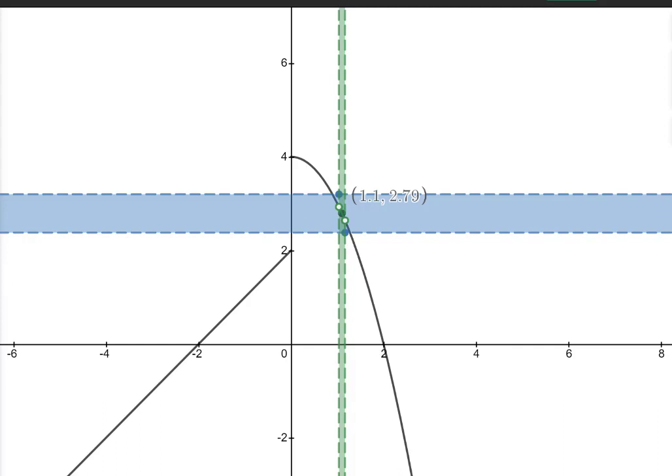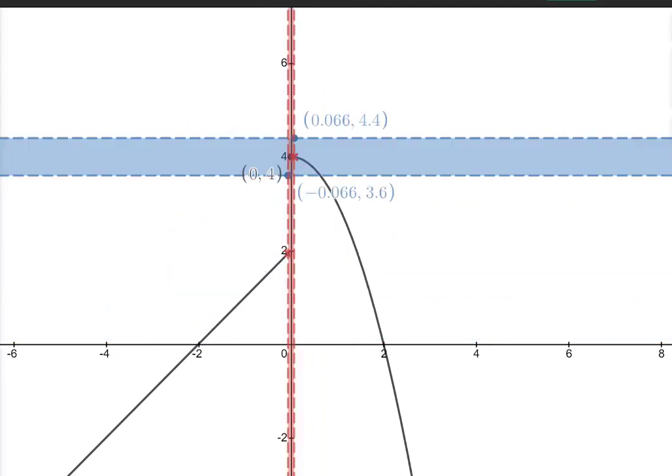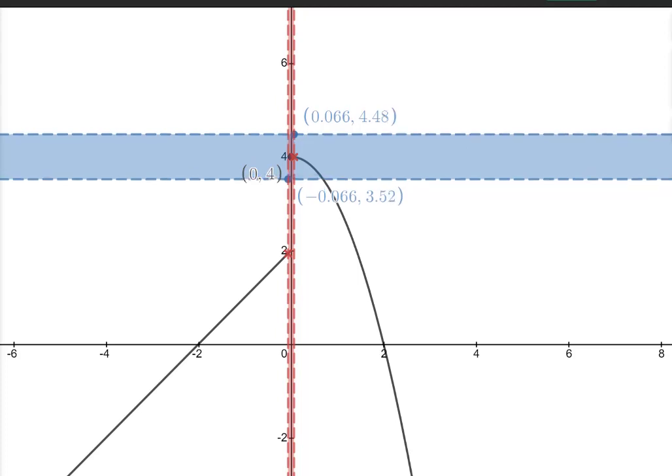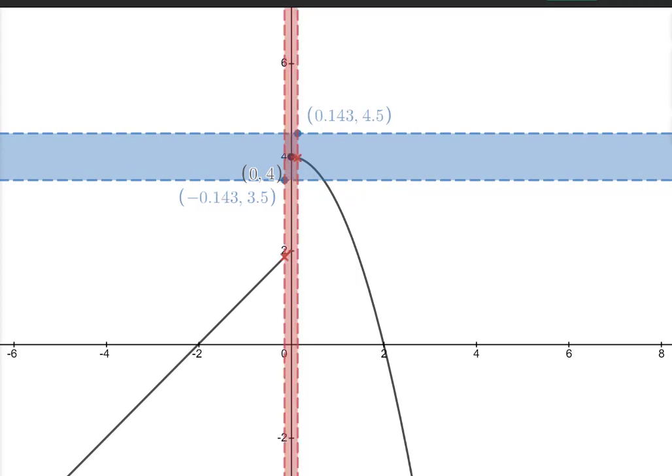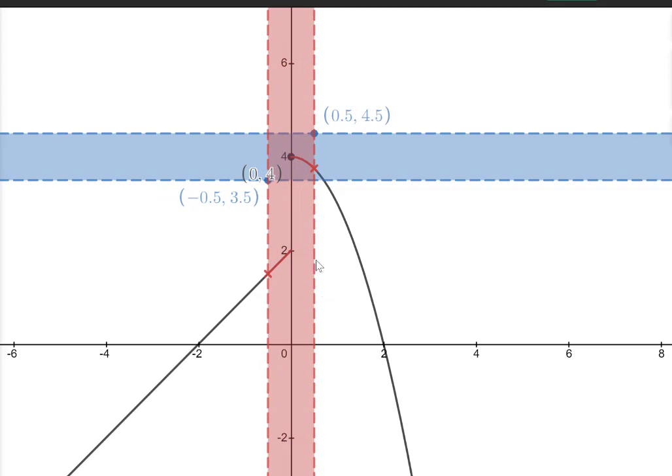So here, let me move this point here. I want to make it so that c is 0, so I'm making the limit point be 0. We're taking the limit of this function as x goes to 0. I'm going to make this epsilon 0.5 right now, and I'm going to start with a big delta, and make it 0.5 as well.